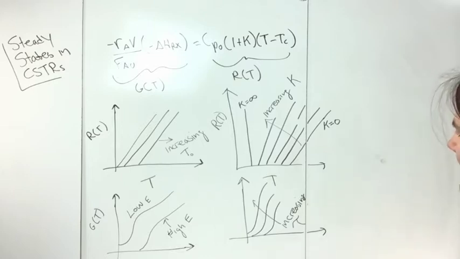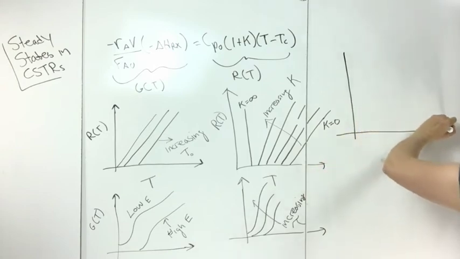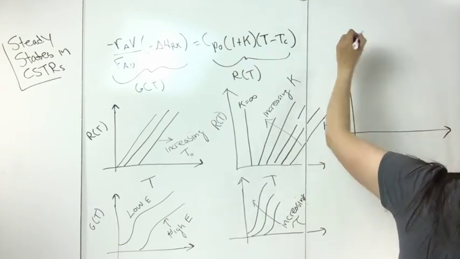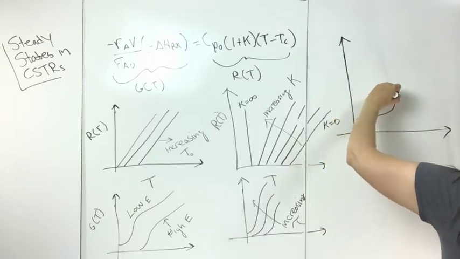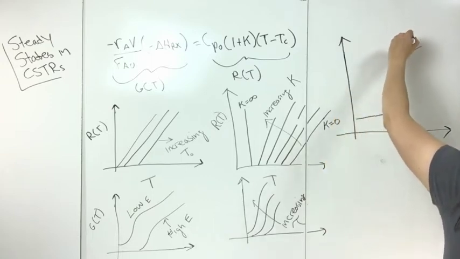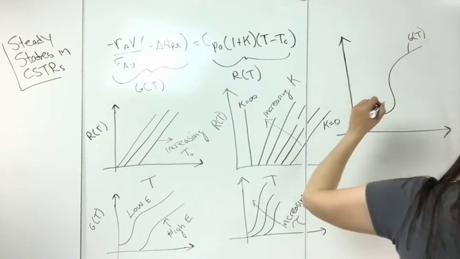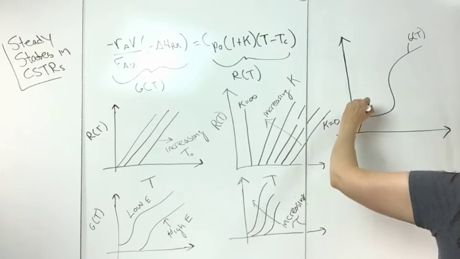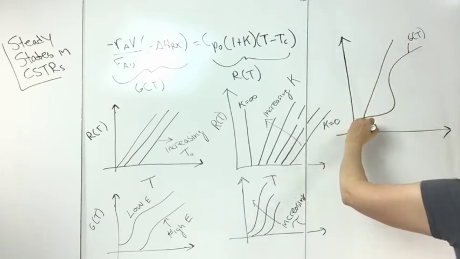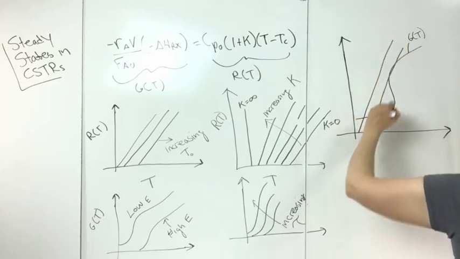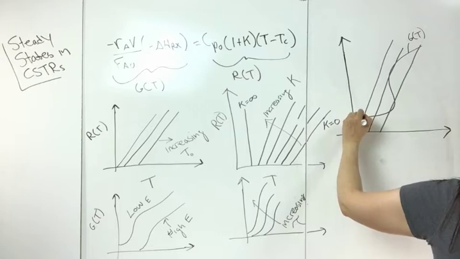So then let's just look at how these look on a plot together. If you plot both R of T and G of T, let's say that this curve is G of T, and then this is R of T, and let's say that you're increasing the temperature.